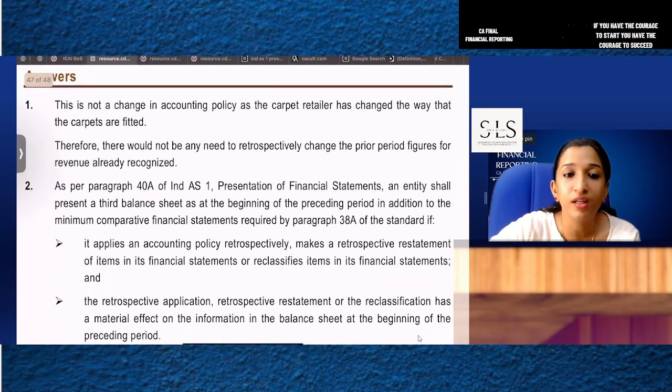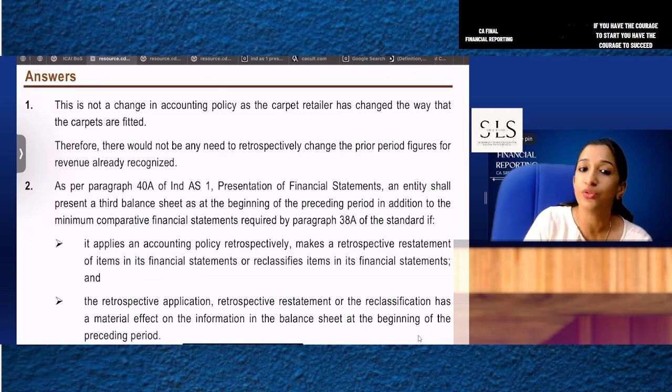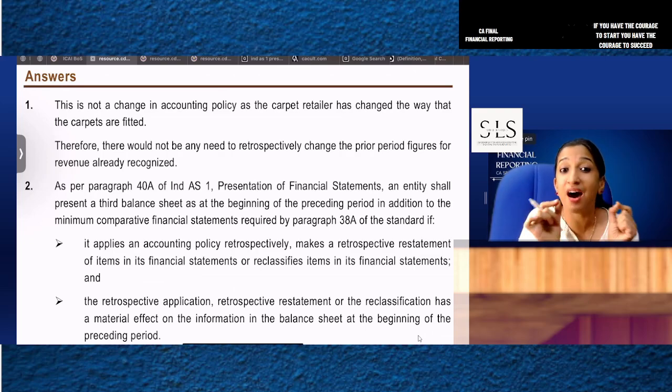This is not a change in accounting policy, as the carpet retailer has changed the way that the carpets are fitted. There would not be any need to retrospectively change the prior period figures. So earlier you were doing it, now you have outsourced to fitters. The transactions are in substance different.